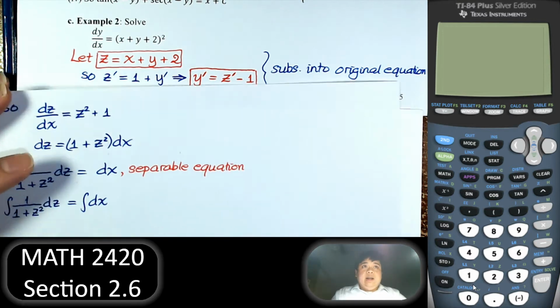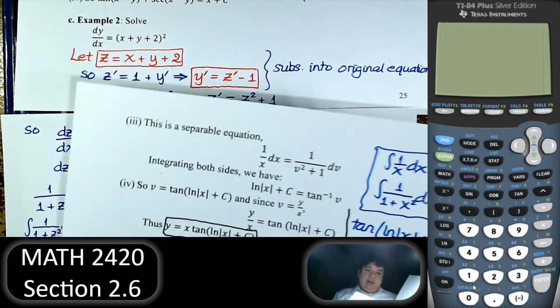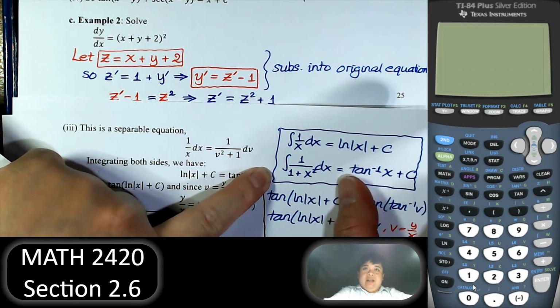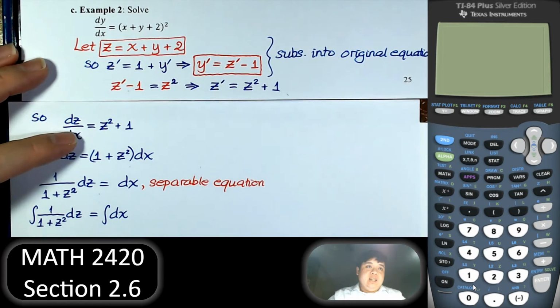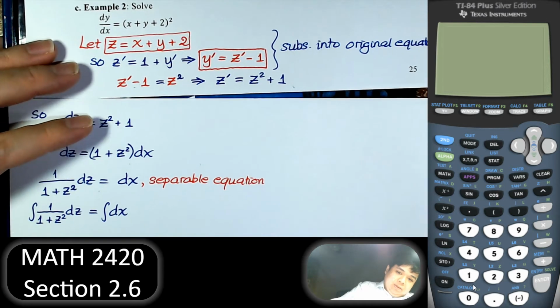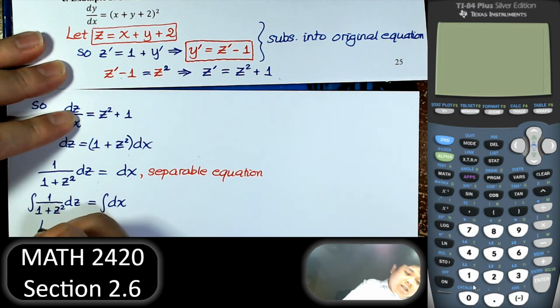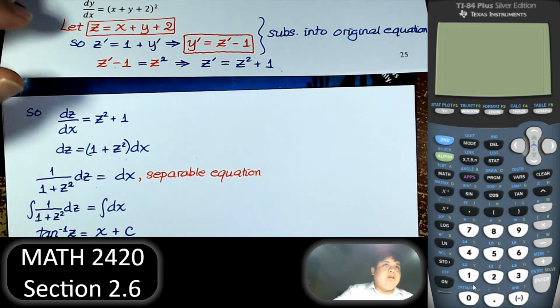Right. Then we did one problem like this, right? Yeah. The integral of 1 over 1 plus x squared dx is tangent inverse of x plus c. So this once again is the tangent inverse of z. So when we do that, we have tangent inverse of z equal to x plus c. Yeah, just integrate both sides. That's simple enough.